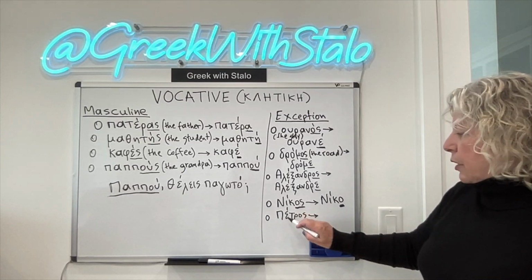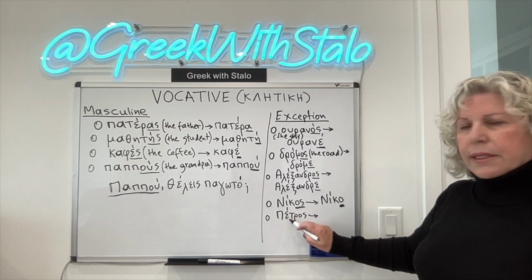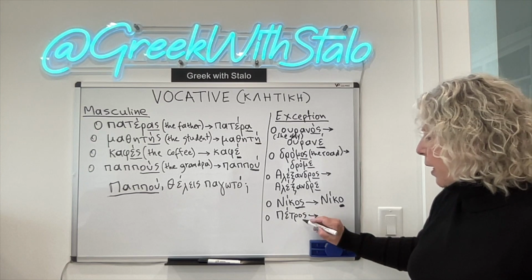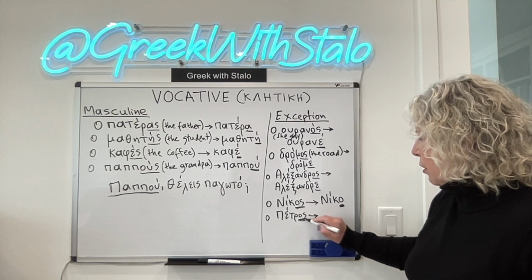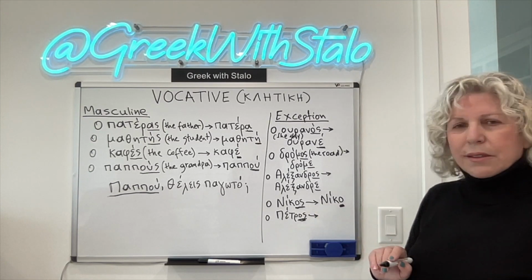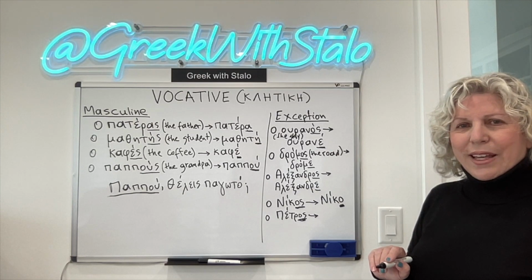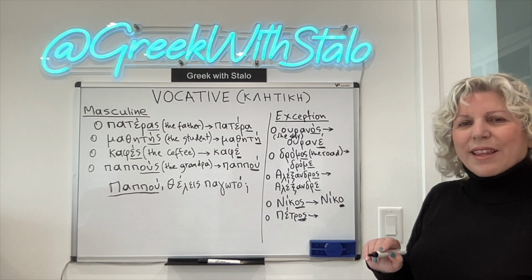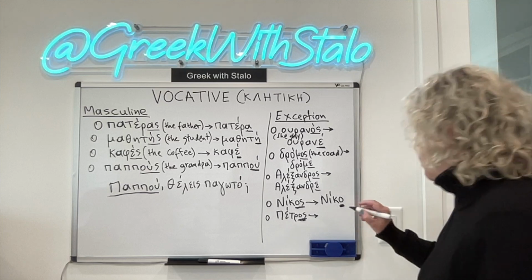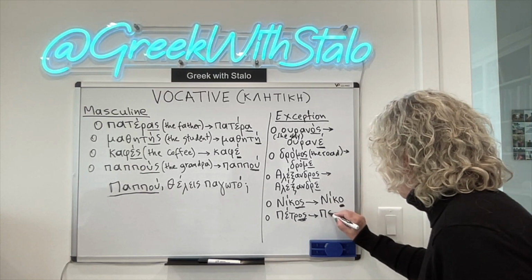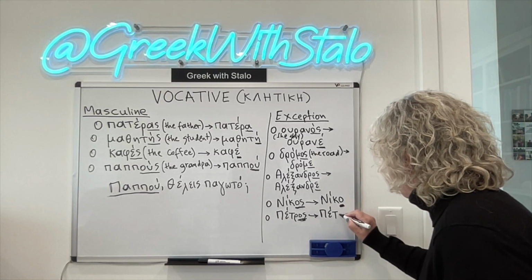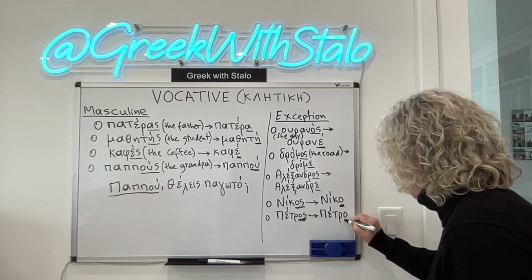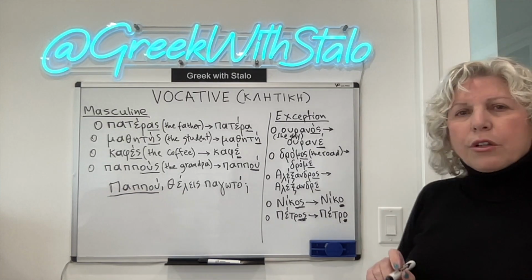The accent is on the second to last syllable and it ends in os. So the vocative is, what do you think? That's right, Πέτρο. Not Πέτρε.